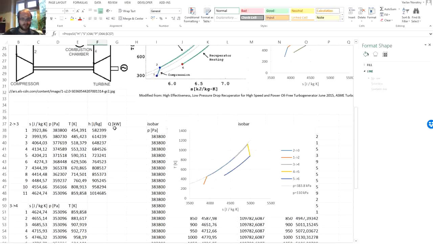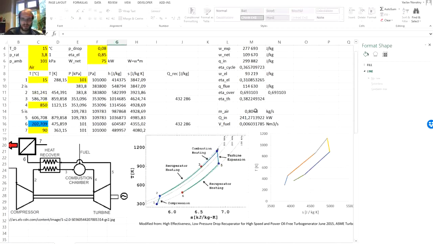And now with the transferred heat in the heat exchanger, the first point will be just 0, because it's the starting point of the heat exchanger, and then the transferred heat is the mass flow rate of our working fluid.